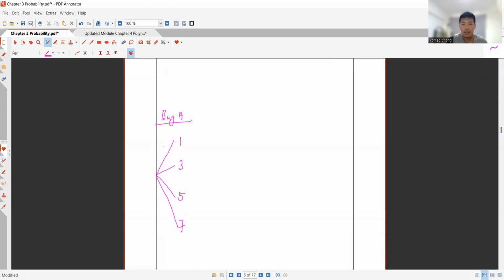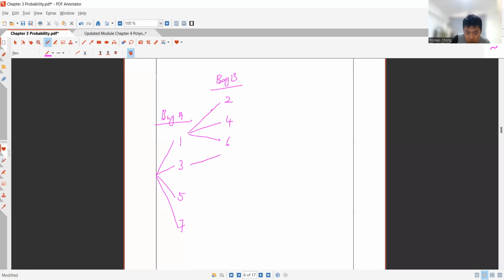Then after that, in bag B, because you have 3 numbers, from each branch of bag A, you have to make 3 branches for bag B, because you want to see how many combinations there are. These 3 branches are for bag B. So this will be your bag B chips. The first one is 2, and the second one is 4 and 6.